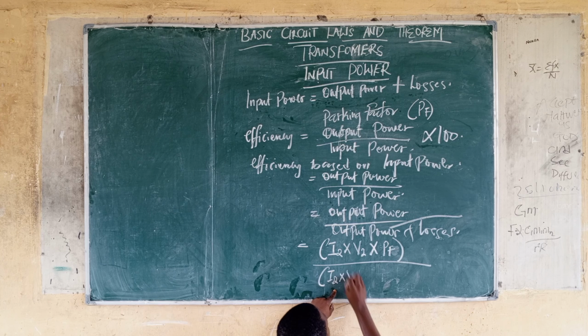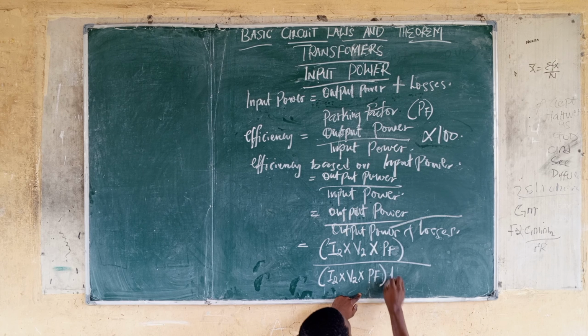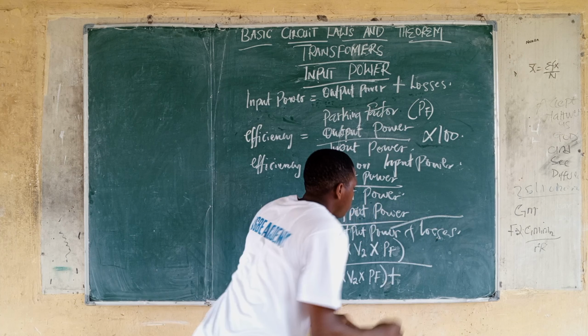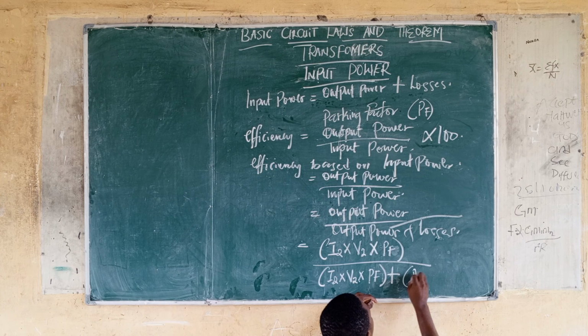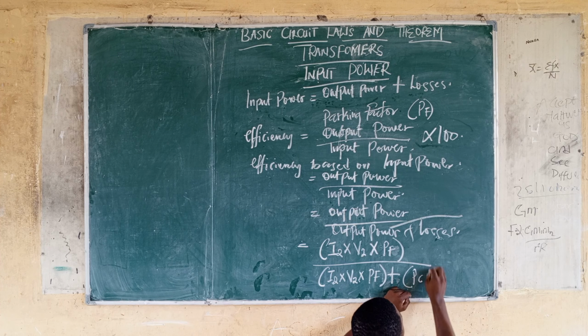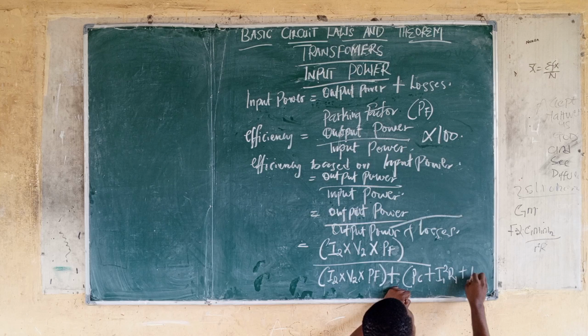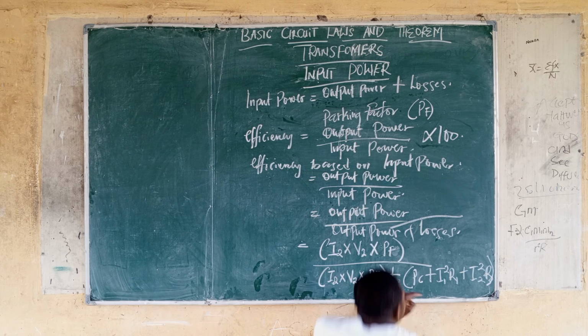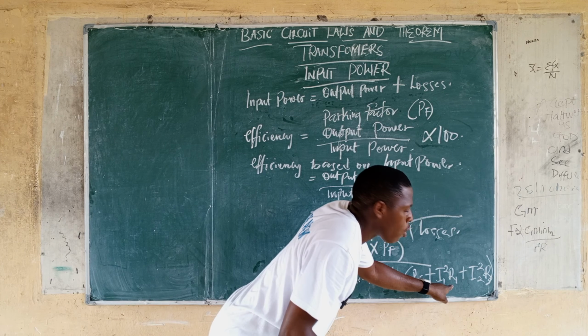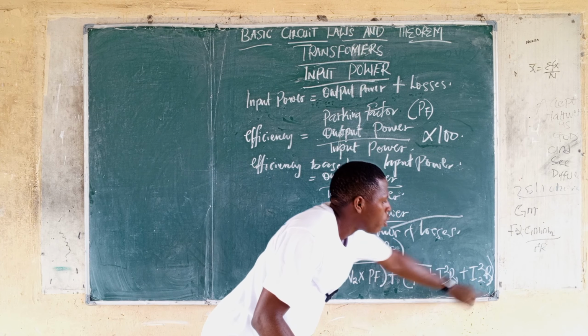So if you do that, we simply have I2 multiplied by V2 multiplied by our packing factor, plus our losses. Our losses will now be Pc, which is iron loss, plus I square R, the primary copper loss, plus I square R, your secondary copper loss.